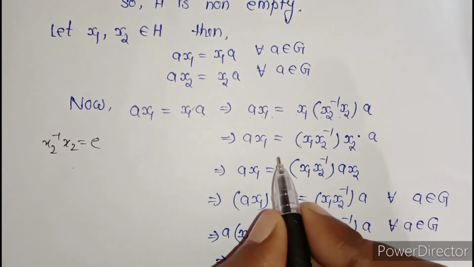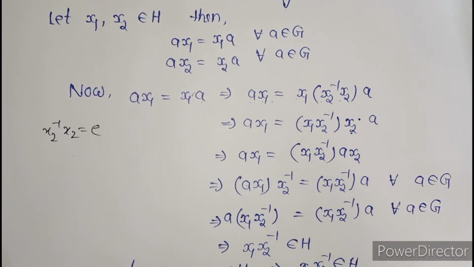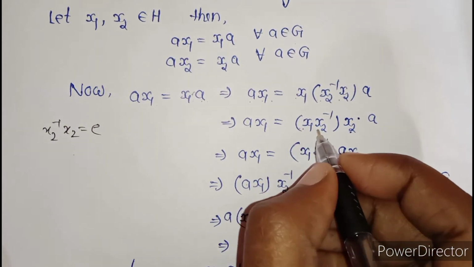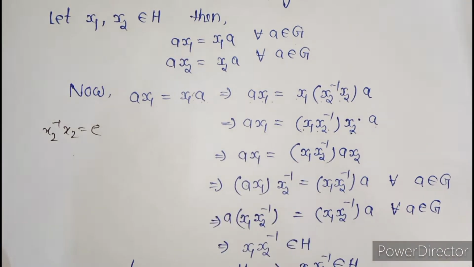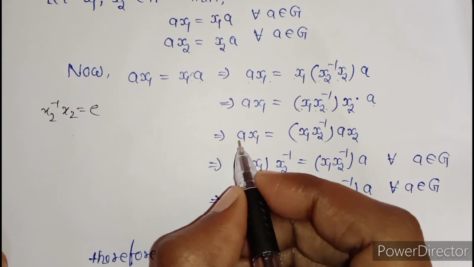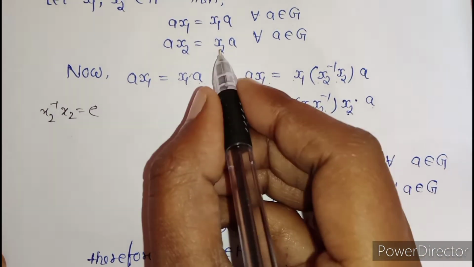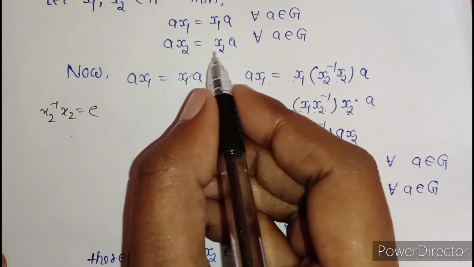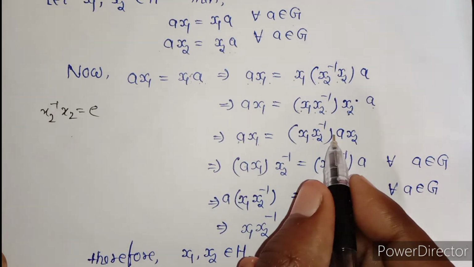Now if we use the associative law, then we can interchange the position of the brackets. So I can write (x1·x2 inverse)·(x2·a), and the LHS will be the same. Then a·x1 = (x1·x2 inverse)·(a·x2). I just use this property because a·x2 was equal to x2·a, so in place of x2·a I write a·x2.